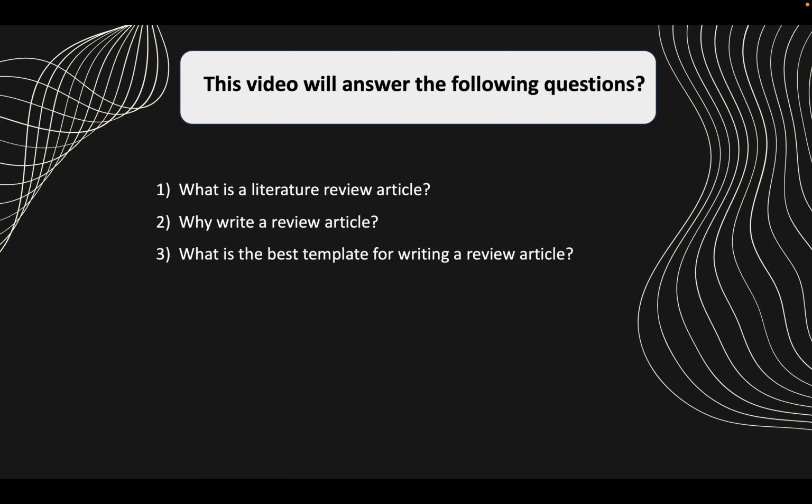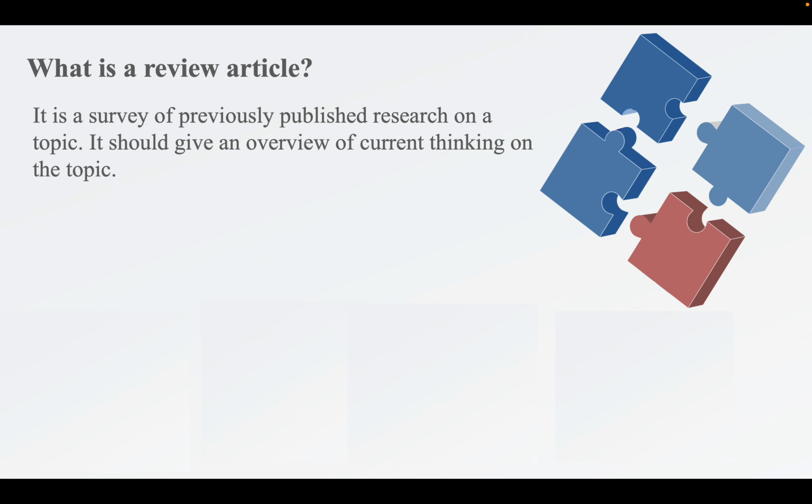Then what's the best template for writing our work in order to be published in a high impact factor journal? Lastly, what are the basic principles, or basic requirements, or we can say basic elements, for writing a review article?